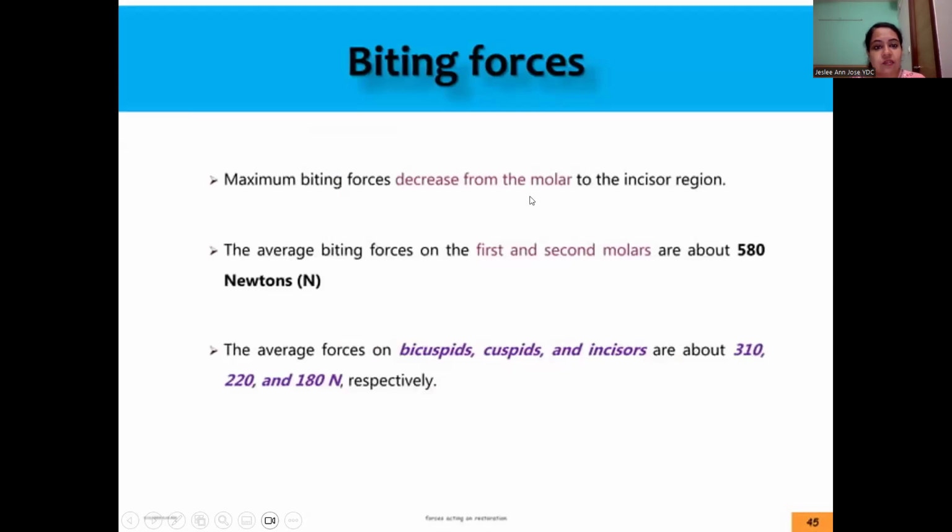Coming to the biting forces, how much force do we exert while we bite? The maximum biting forces are on the molars, that is the first molar and second molar. About 580 newtons of force is applied. When it comes to the premolars, canines and the incisors, the forces decrease to 310, 220 and 180 newtons respectively.